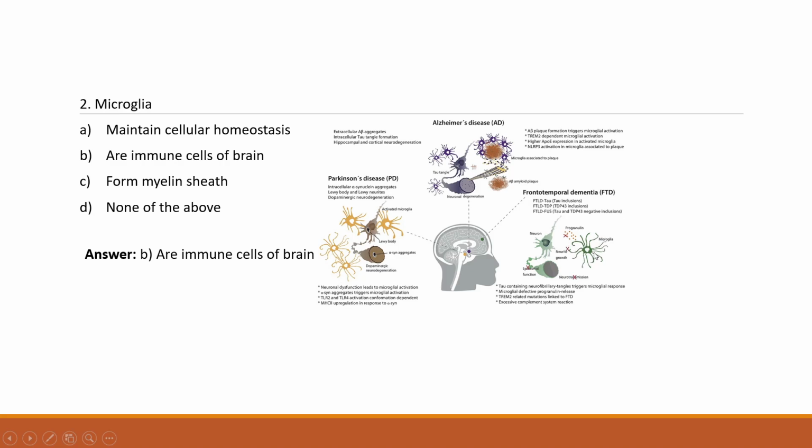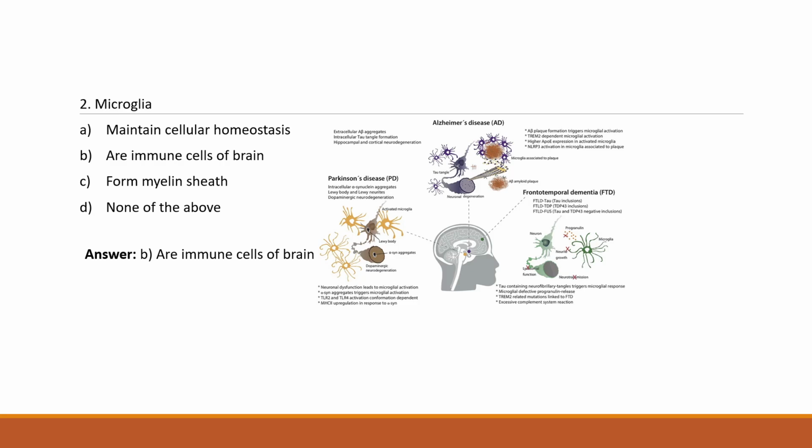It has these projections, which help in the movement of these cells. So most of your immune cells have this ability of movement and these kind of projections which help them. So you can see it has a macrophage like structure and even more defined processes from the cell body.